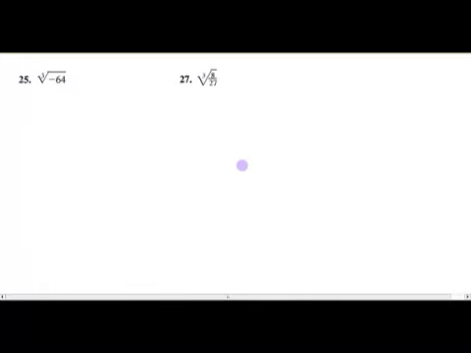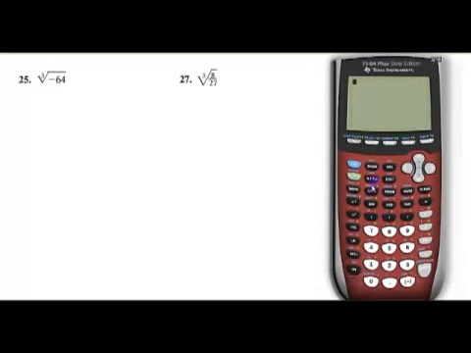Cube root of negative 64. In other words, what number times itself 3 times will give us a negative 64? I know I'm going to have a negative here. I can put this into the calculator if I like. Now the cube root is going to be under the math button. In my calculator, it's button 4.